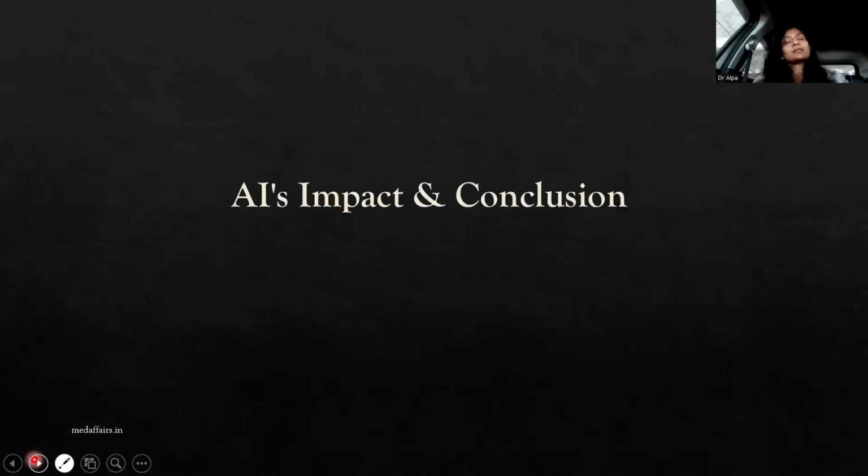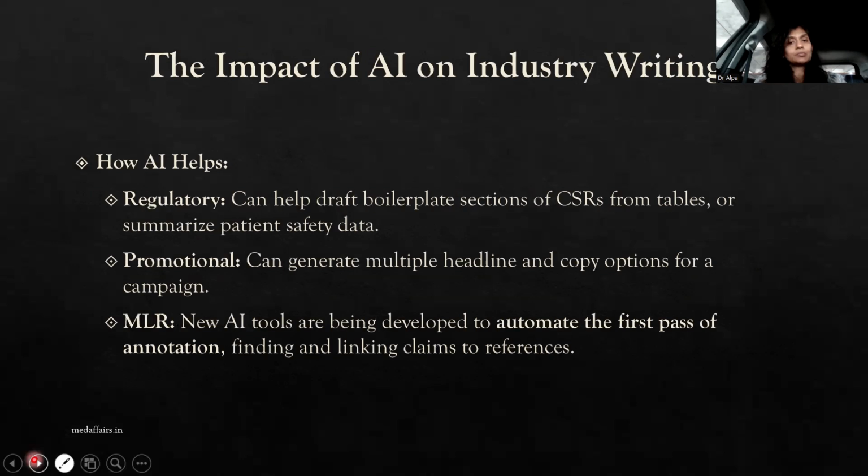So now coming to the last part of the session, as we are doing with other modules, we will talk about AI at length, and then we will be concluding this module. Positive impact: certainly it will help you in drafting all types of documents. The first draft, you can get it drafted with AI.